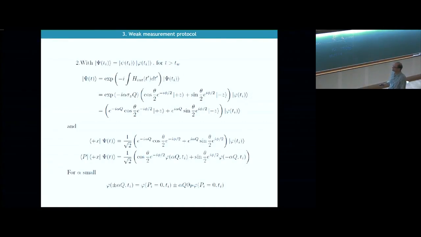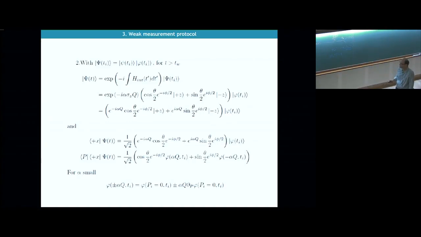And now we explicitly write the action of Q on the pointer. Since the interaction involves Q as a dynamical variable, we would have the pointer in a well-defined state of its momentum. This is why I'm projecting the momentum. This is the momentum of the pointer.